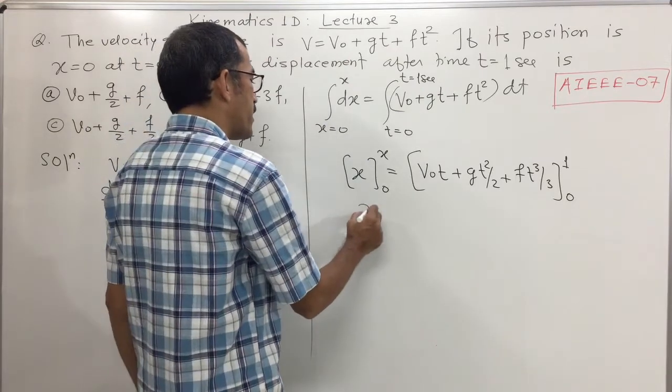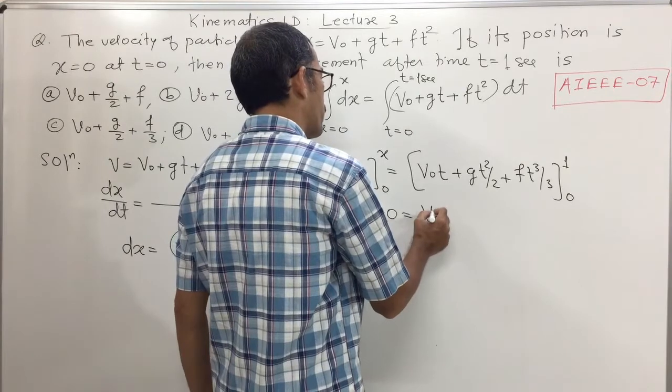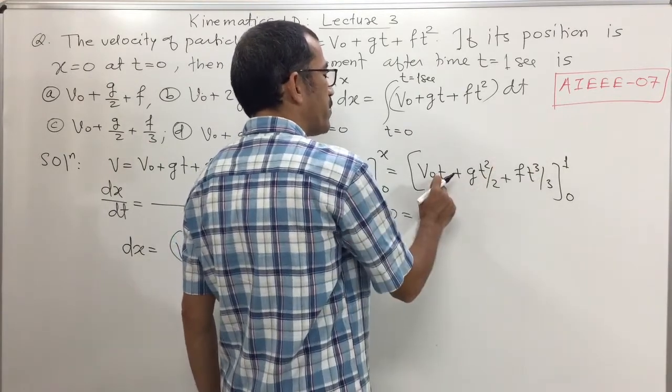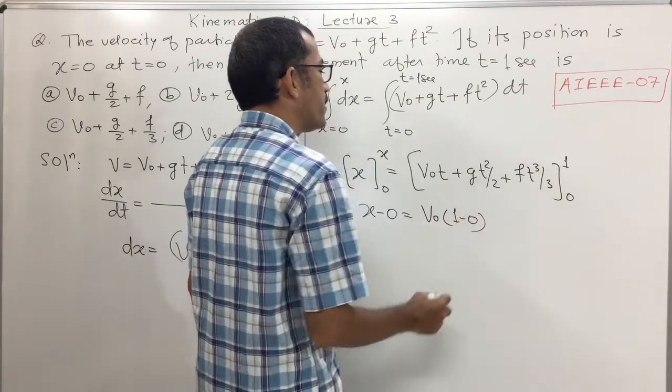This will be what? x minus 0 equal to, now if you substitute the upper limit, v naught, t becomes 1 minus 0.